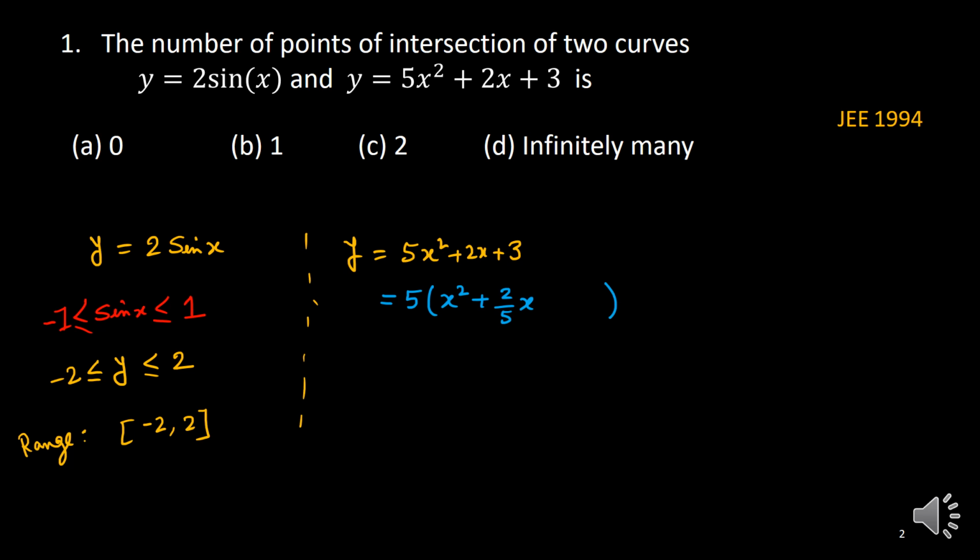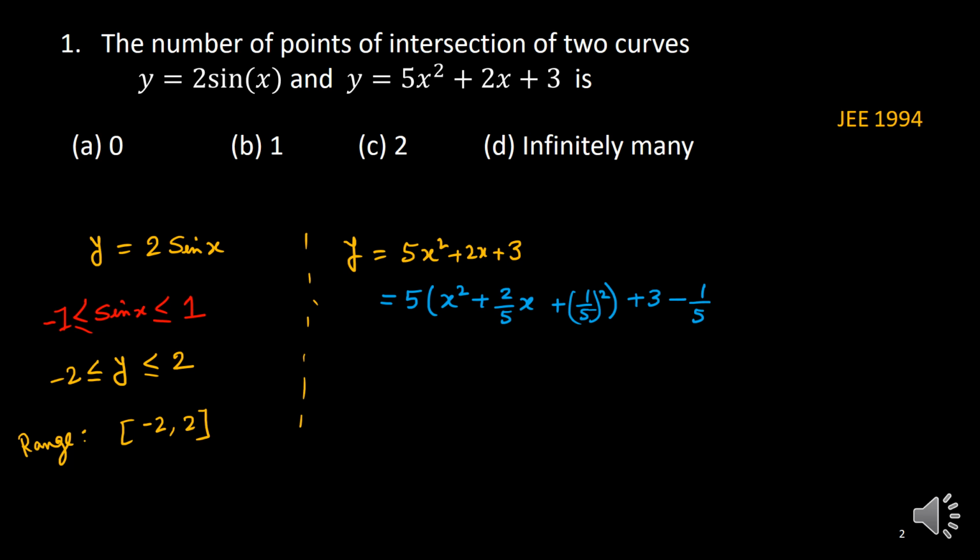As it is 2 into x by 5, if I consider 1/5 squared, then it will become a whole square form. Essentially I have introduced 1/25 within this, meaning 5 times 1/25, that is 1/5. Earlier we had 3, so as we have added 1/5, I should subtract 1/5 to keep the constant at 3 only.